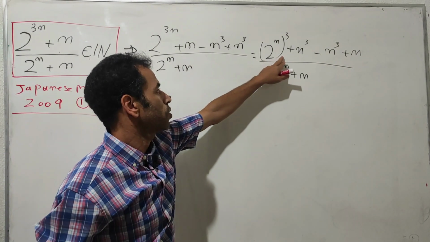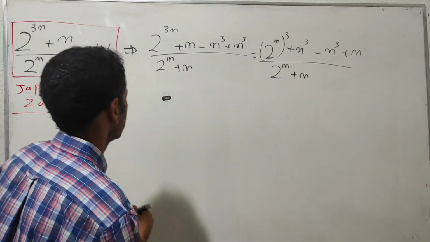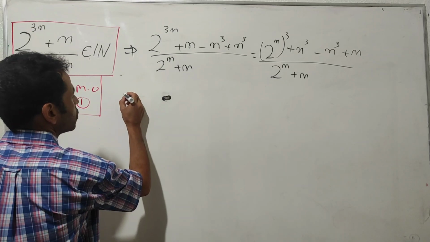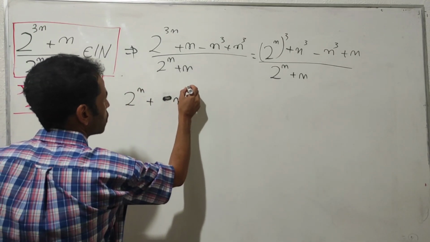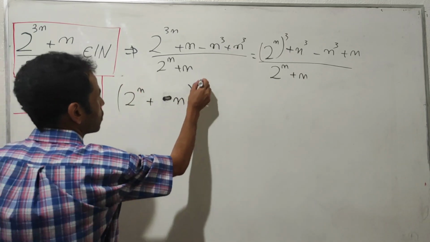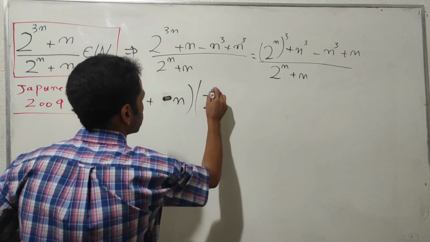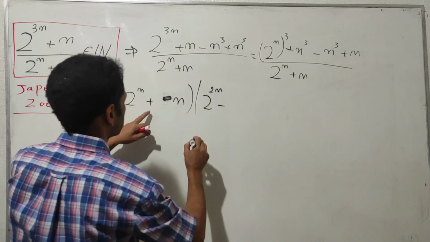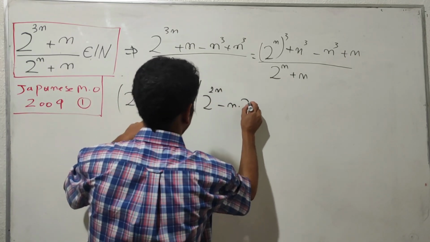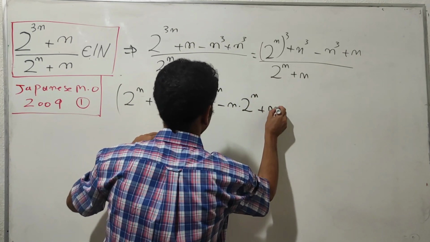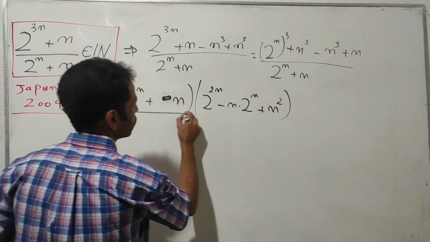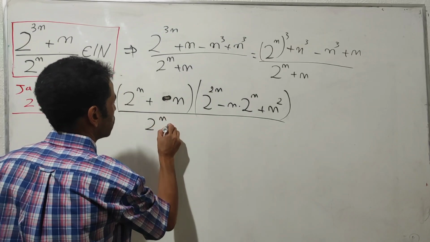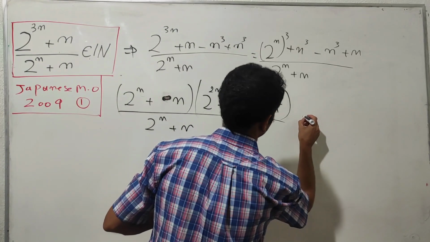Now let's factor out this one. So I get 2 to the n plus n, factor 2 to the 2n minus n, multiplied by (2^n + n) squared, all divided by 2 to the n plus n, separating this one into 2 parts.